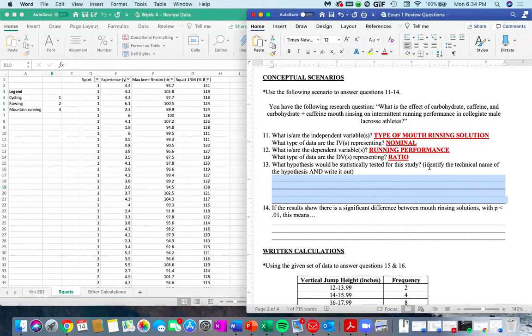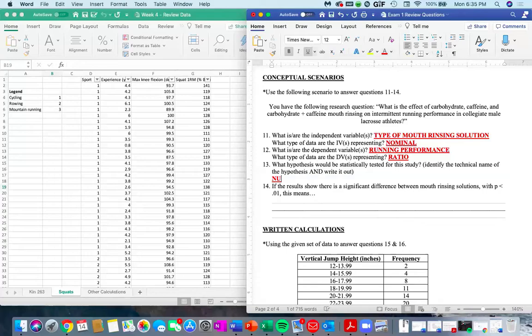First, I want you to identify the technical name of the hypothesis, and then we're going to write it out. Would it be the null hypothesis? Exactly, right? So we have a null hypothesis and we have a research hypothesis. So whenever we statistically test, right, any given research question and data that's been collected, we have to test the null hypothesis, right?